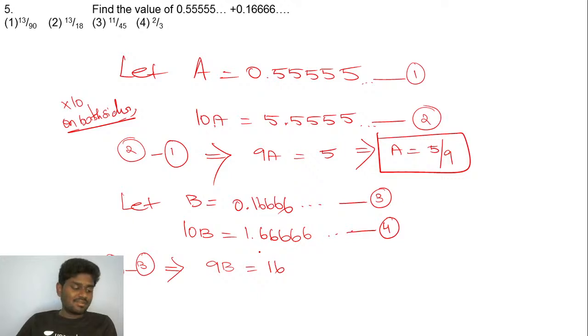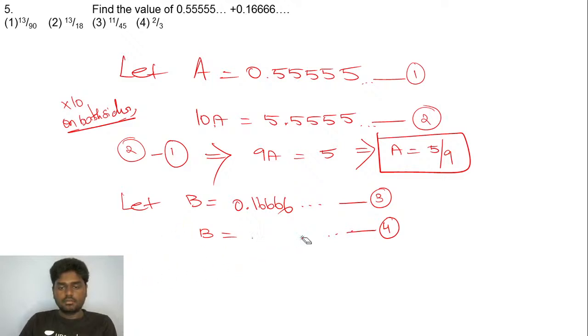Or if I try to multiply this thing by 100 on both sides in equation 4, I'll be getting 100B is equal to 16.666, and it goes on.